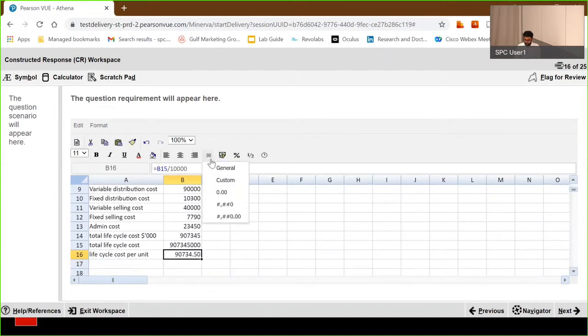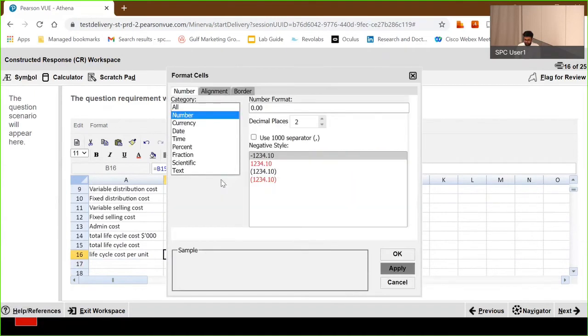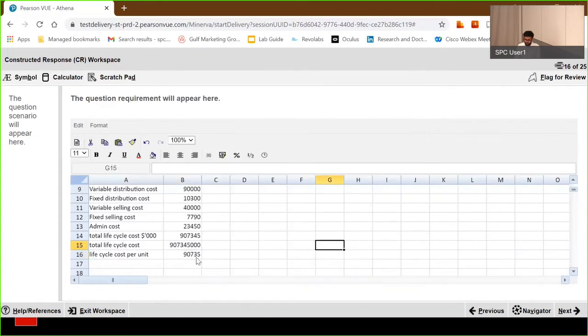And here we can round it to the nearest dollar. I don't want any decimal places, so we will reduce it to 0. So this gives you 90,735 life cycle cost per unit.